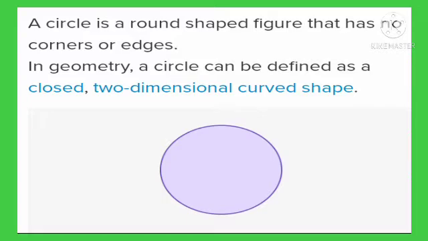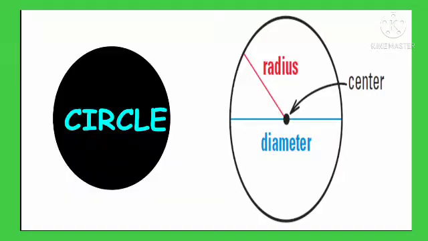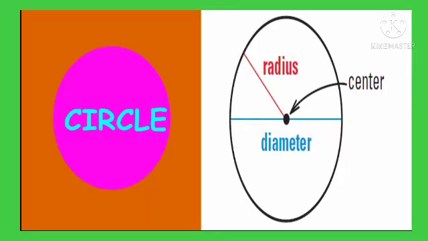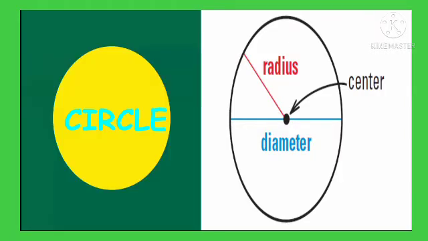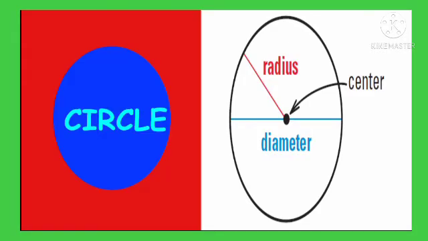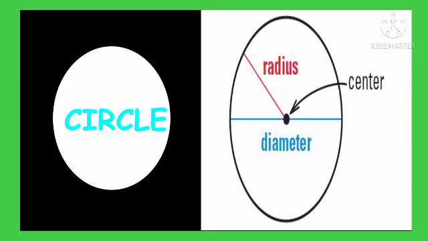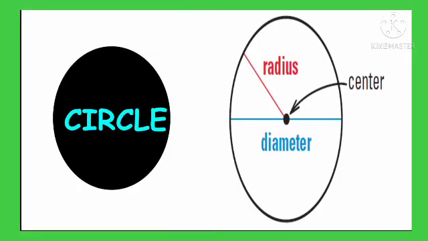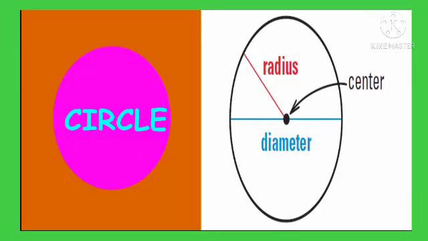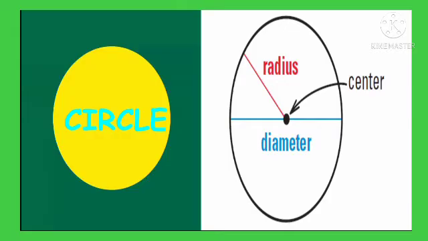In geometry, a circle can be defined as a closed two-dimensional curved shape. O is the center of the circle. It is a fixed point. The distance from the center to each of these points is the radius of the circle. Radii are equal in length. For example, OA, OB, OC, OD, OE.